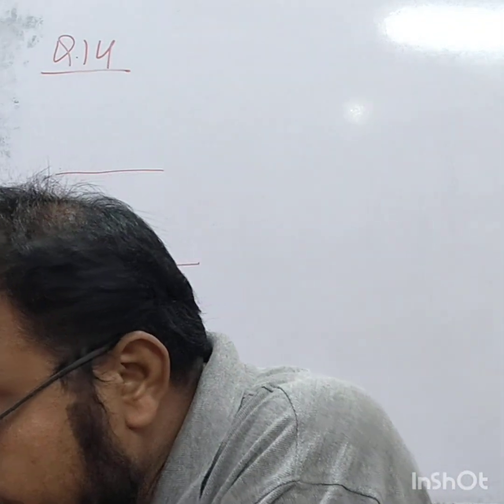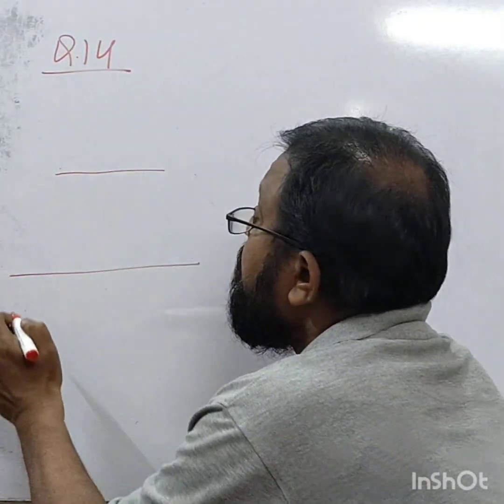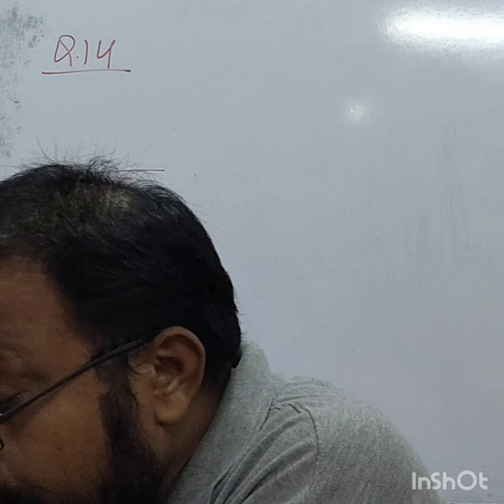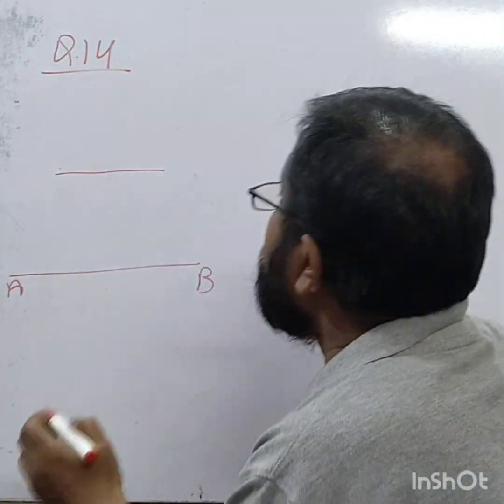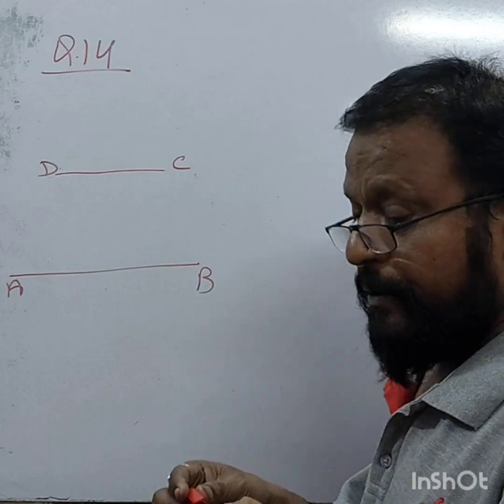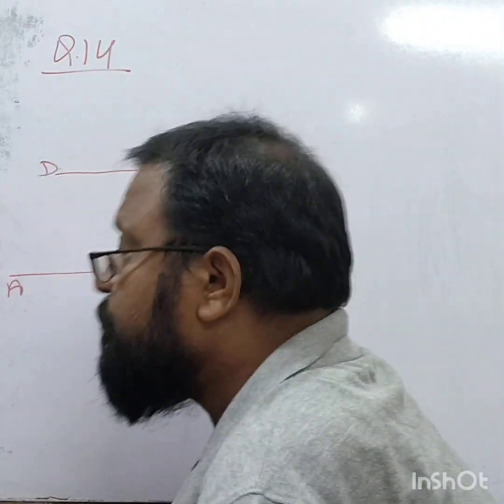So it is AB and CD. Right? So what happens?